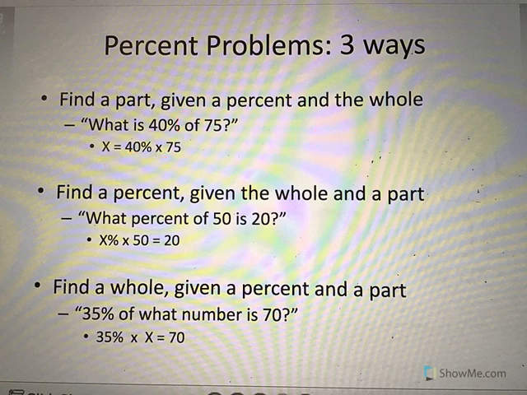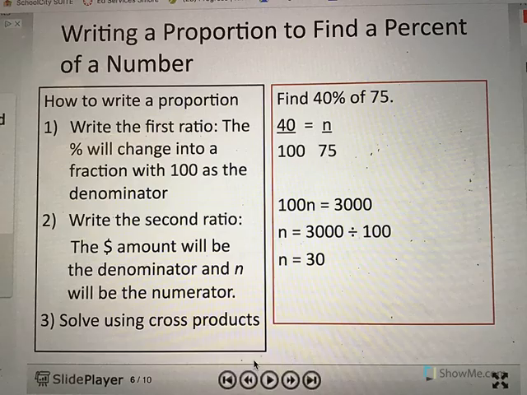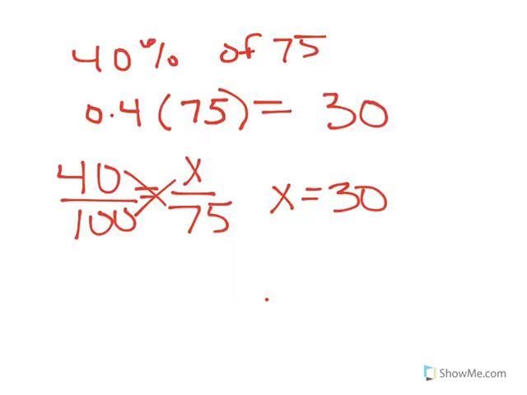Let's look at this one. What percent of 50 is 20? So we don't know a percent of 50 is 20. So let's go to this. What percent of 50 is 20?